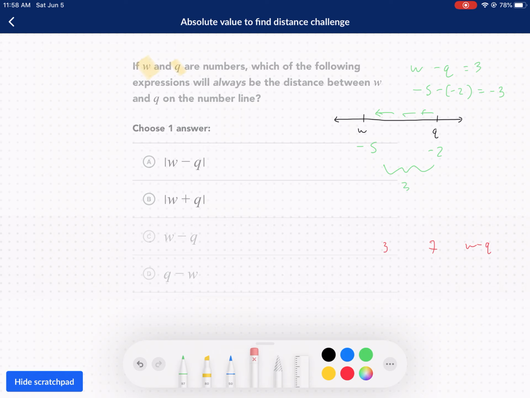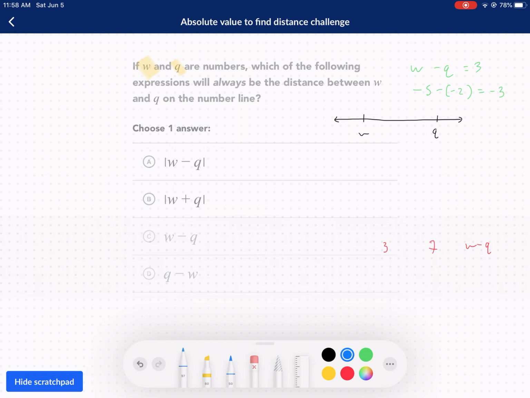Furthermore, let's say that we have a third example, where W is a negative number. A blue example; I'm going to leave the green example up here.